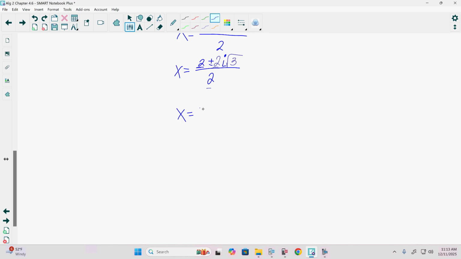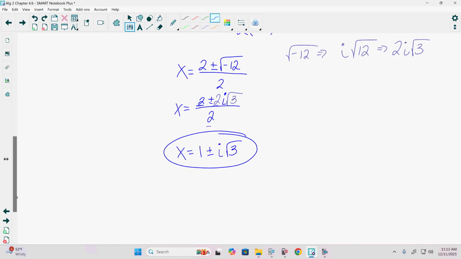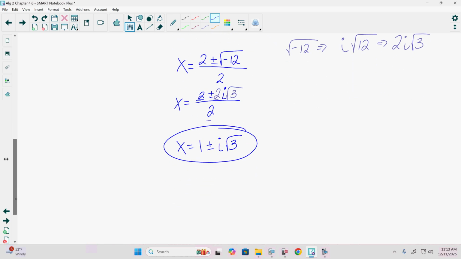On top, the first 2 is also going to simplify to 1. Our 2i, not the i, but the 2, is going to simplify to 1, telling us that the last two solutions are 1 plus or minus i square root of 3. So we do have an irrational complex solution for the other two.